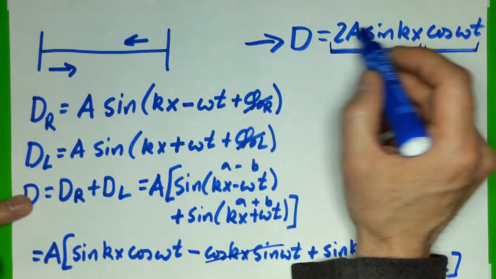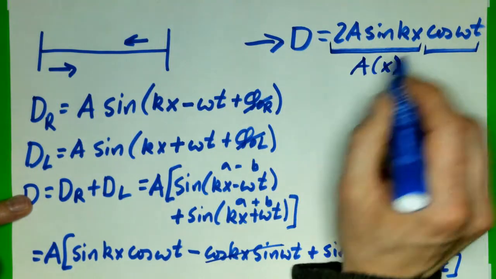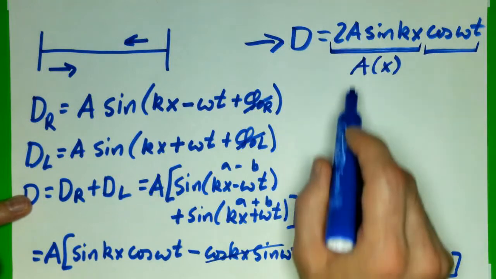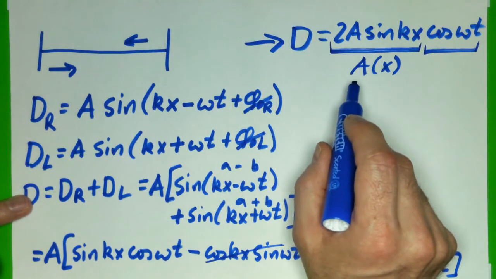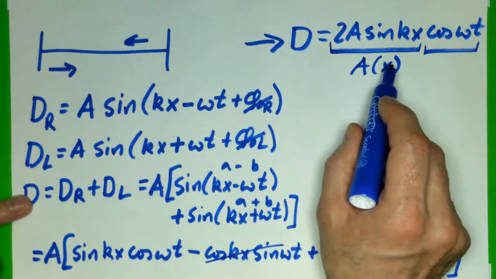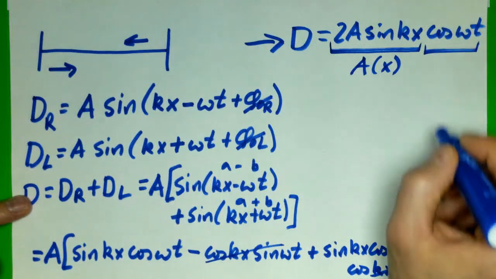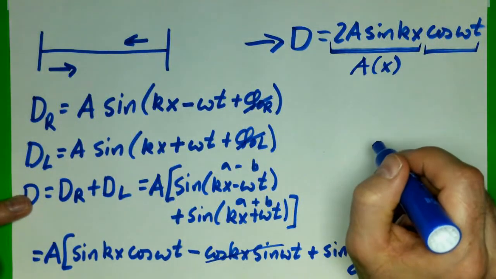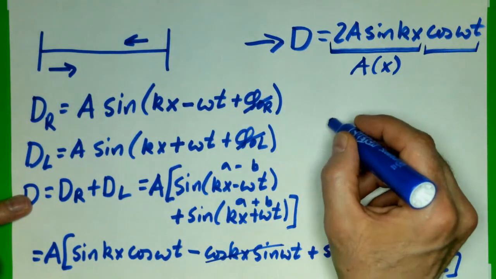We often call the 2A sine of kx the amplitude function, because it tells how big the string is going to go, the maximum displacement of the string at every position x. And then the cosine of omega t says how it oscillates between that amplitude and the negative amplitude. And so this gave us that shape that we saw before.